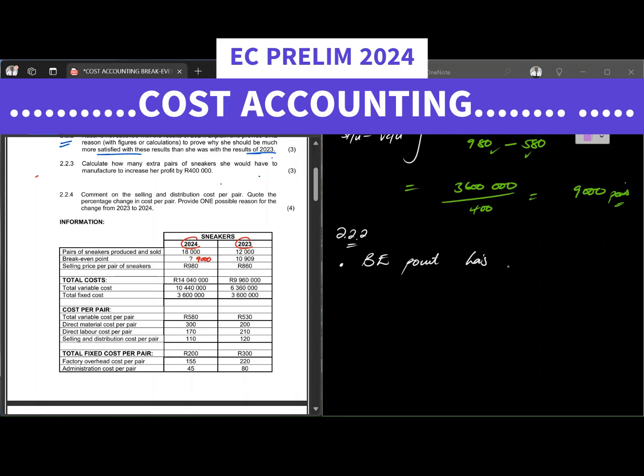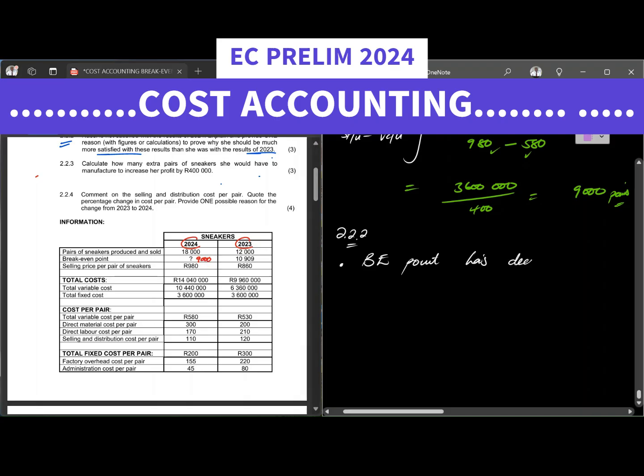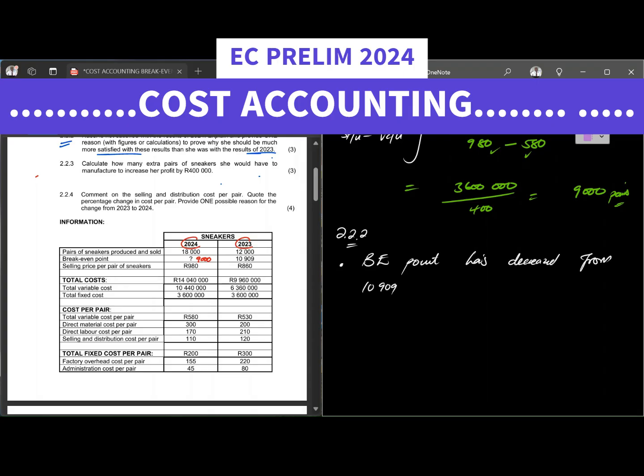So it has decreased. The break-even point has decreased from 10,909 units to 9,000 units. And you can see that here I've mentioned the break-even point, but here the number of units produced has increased from 2023 to 2024.